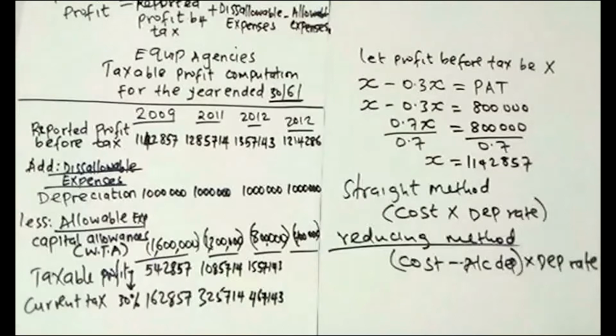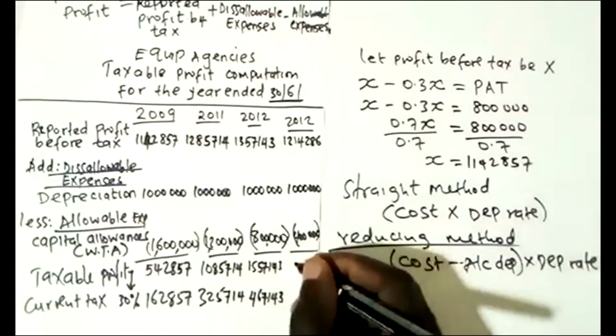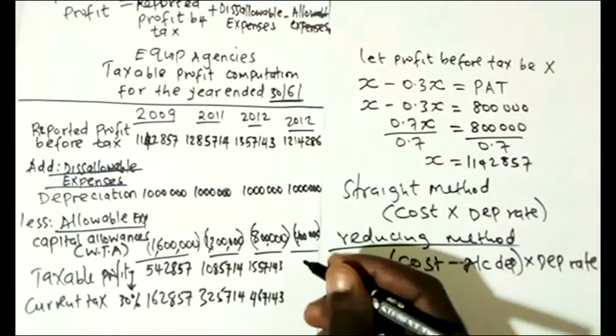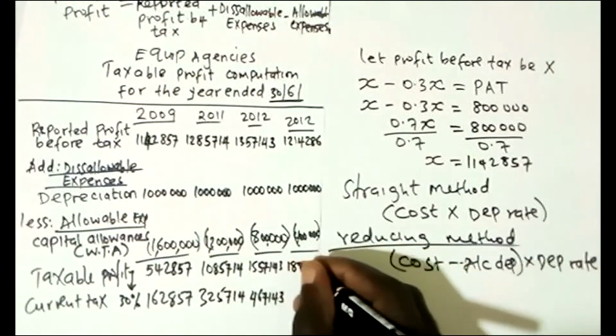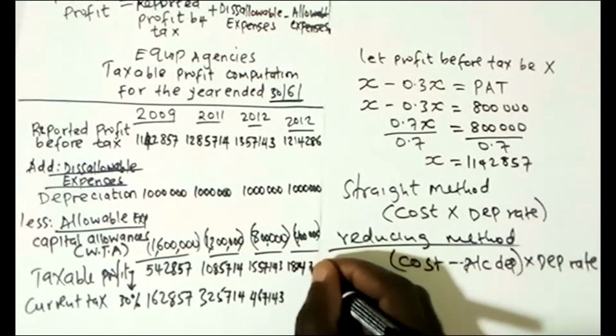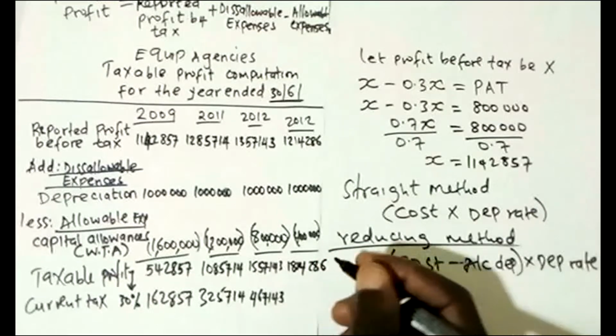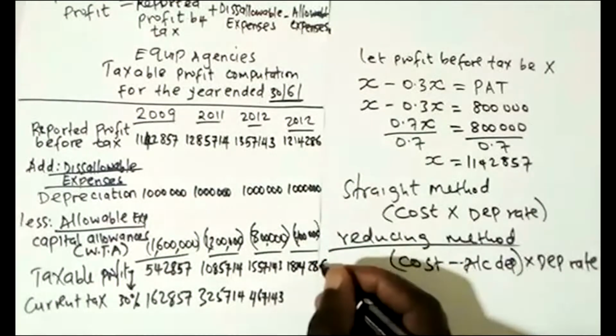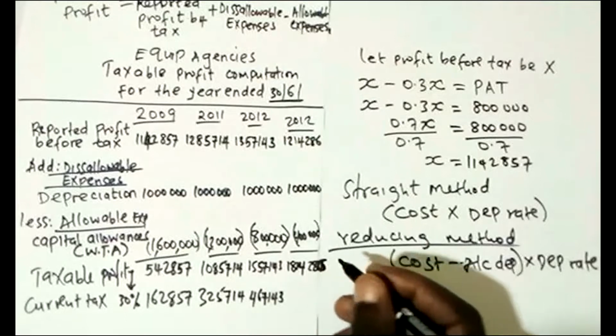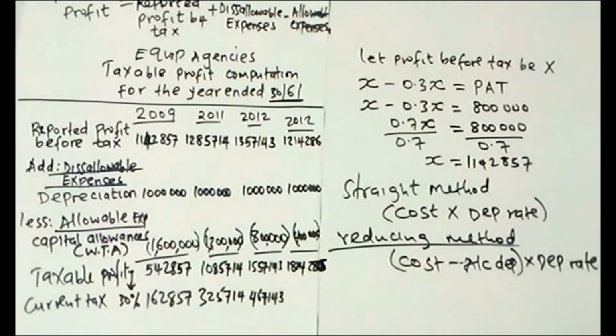The last one was 2,214,286 minus 400,000. So this is 1,814,286 times 0.3.